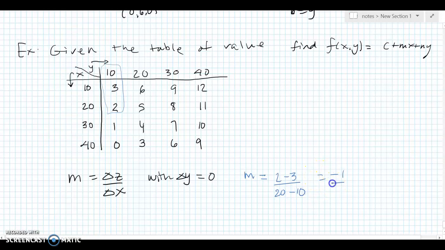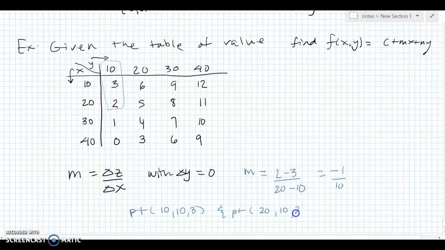So we'd have minus 1 over 10. I used the points x is 10, y is 10, z is 3, and the point x is 20, y is 10, and z is 2.